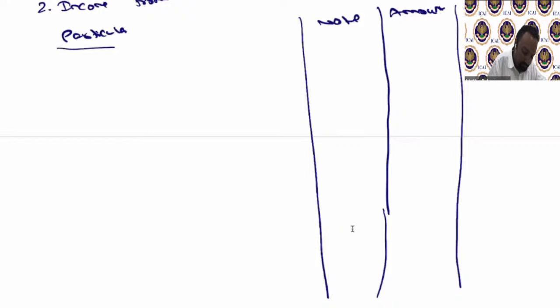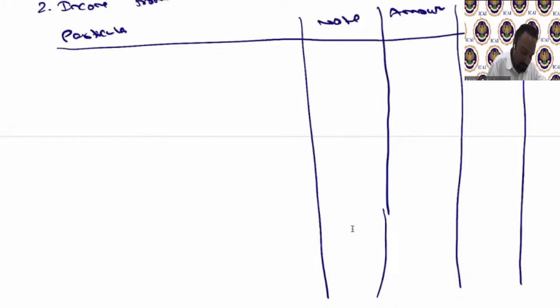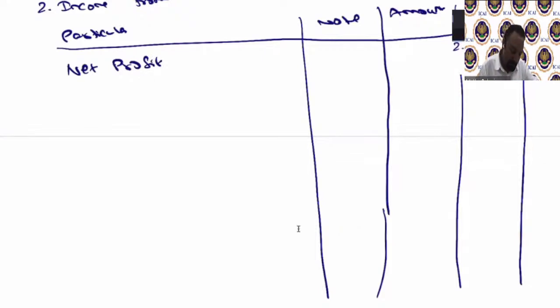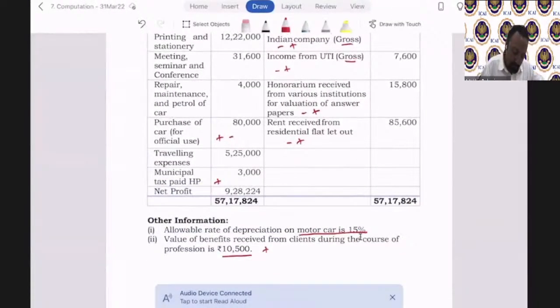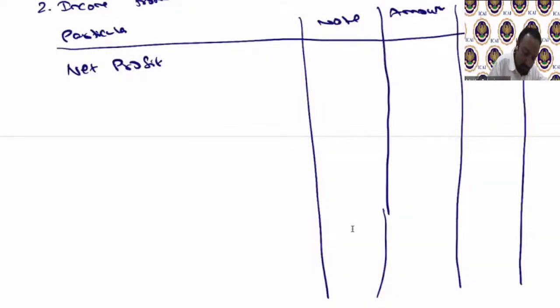First thing is you take the net profit, whatever is provided in the books. It is provided as 928,224. So you take 928,224. So now step one, what is the step 1?